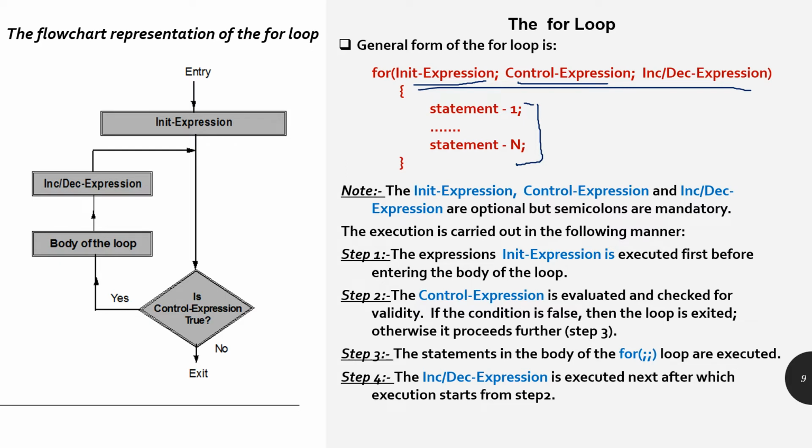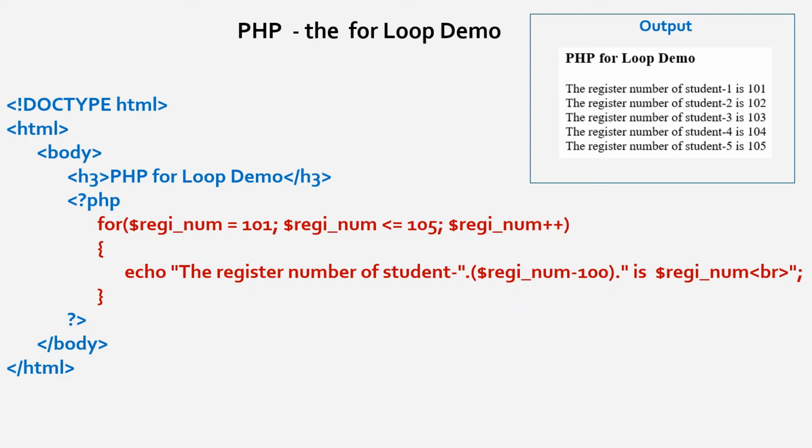That way, this for loop will execute. That is what I mentioned in this flowchart representation. This is the example of the for loop as we discussed earlier. Initially assignment, then conditional statement, increment or decrement.